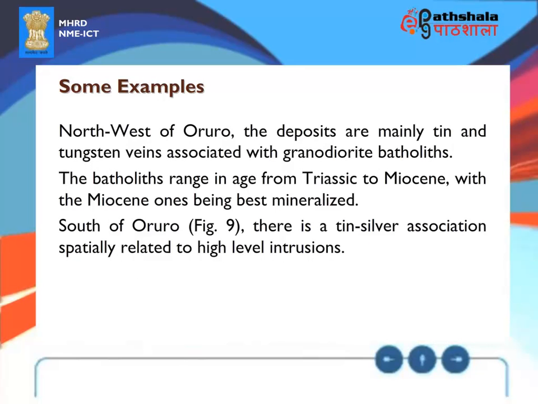Northwest of Oruro, the deposits are mainly tin and tungsten veins associated with granodiorite batholiths. The batholiths range in age from Triassic to Miocene, with the Miocene ones being best mineralized. South of Oruro, figure 9, there's a tin-silver association spatially related to high-level intrusions.